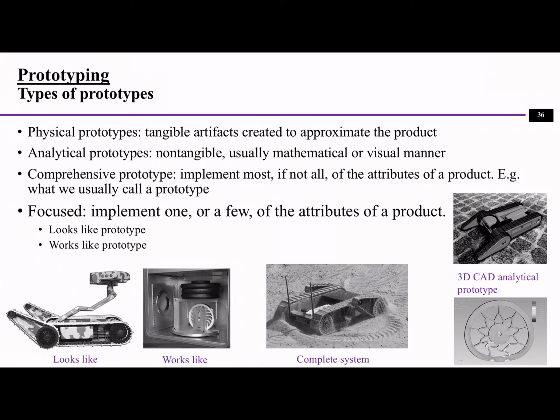A lot of times, if you are using focused prototypes, you're going to do both the looks-like and works-like prototypes. Combining the two gives customers a better representation of what it is. A complete system will be like the picture shown here. For analytical prototypes, you can see 3D CAD models. To the right, there are two pictures of the city. These are analytical prototypes.